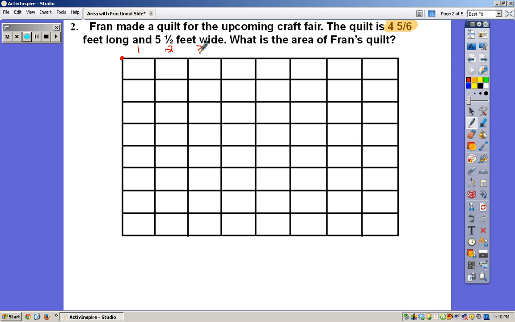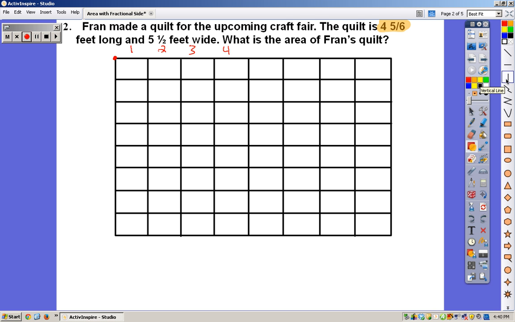1, 2, 3, 4. We can't go past 5 because we have to break this into sixths. So we're going to break this next block up into 6. An easy way to break it into 6: break it in half, and then break each half into thirds, for a total of 6.